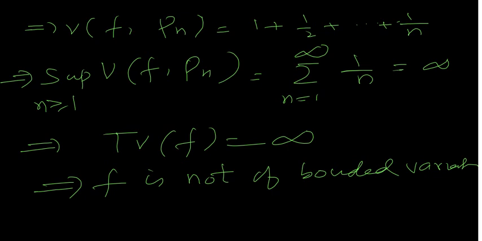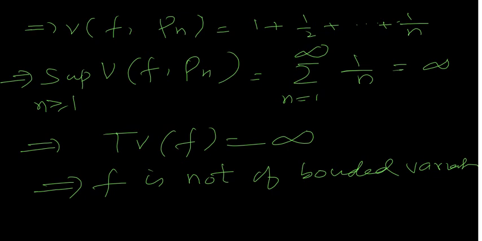We know that as n approaches infinity, this sum is infinite, so we can choose n so large such that the sum 1 plus 1/2 plus ... plus 1/n is greater than c. The variation with respect to that partition is 1 plus 1/2 plus ... plus 1/n, and that variation is greater than c. Which implies the supremum is also greater than c.